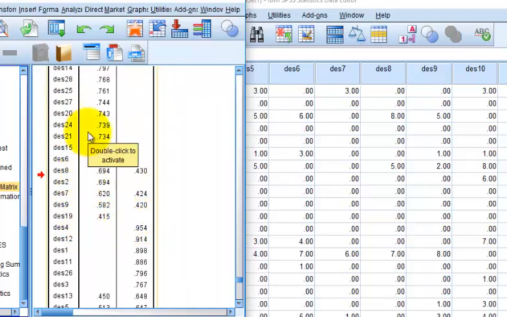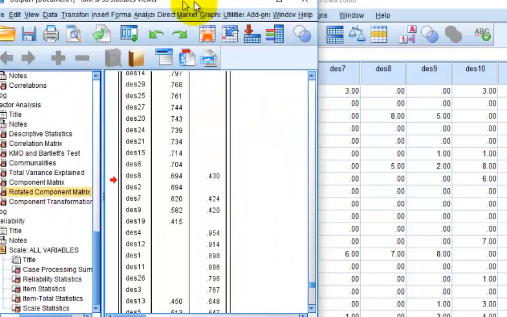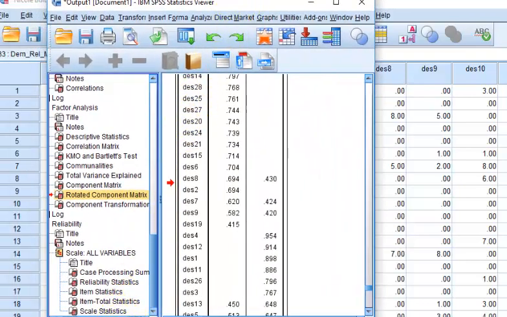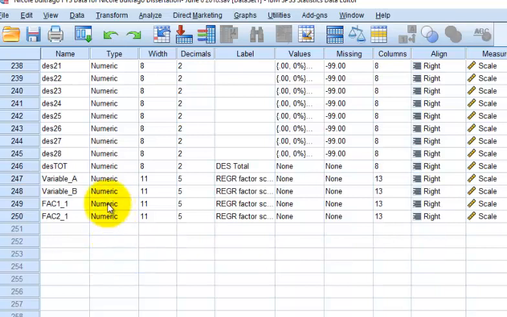So since I ran a new factor analysis, it gave us 2 new variables, one of them without 2. So I don't think anything's going to change, but I'm just going to call this one apple. Call the second one orange.